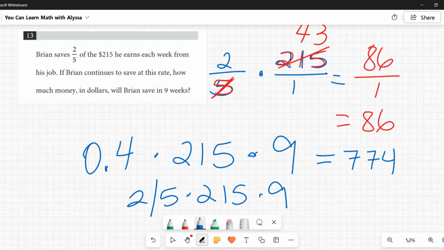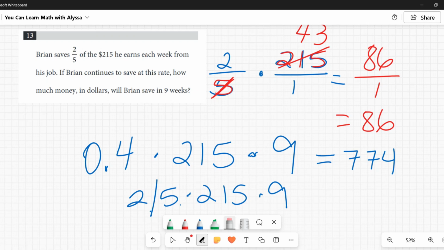So it's 2 divided by 5 first, then times 215 times 9, and that it's not doing 2 divided by 5 times 215 times 9. I mean, most calculators shouldn't. They should follow order of operations if you're going left to right. I just always like to mention that. Just know your calculator, know how it works so that it is giving you the right answer and you can trust that it's giving you the right answer.